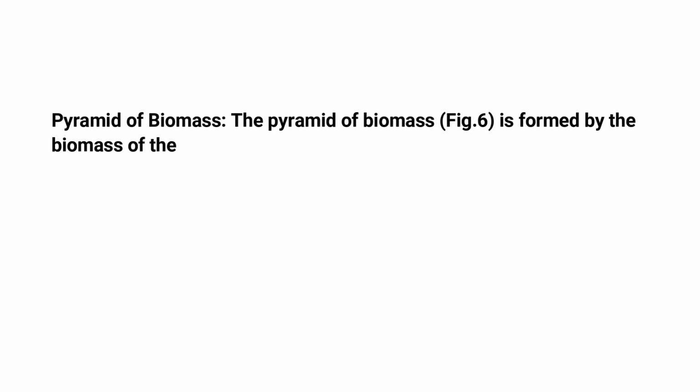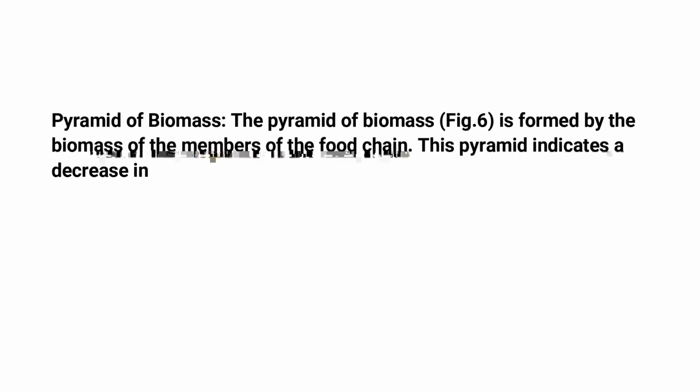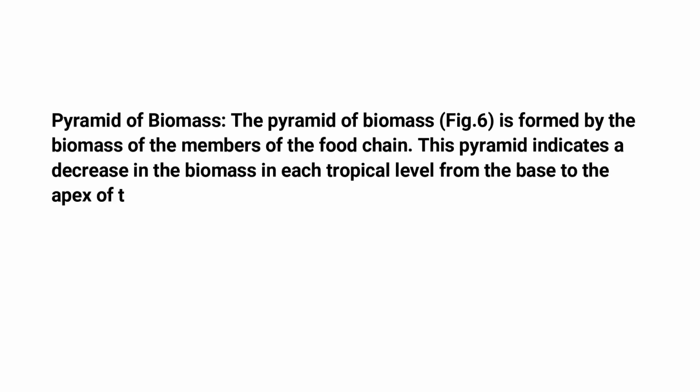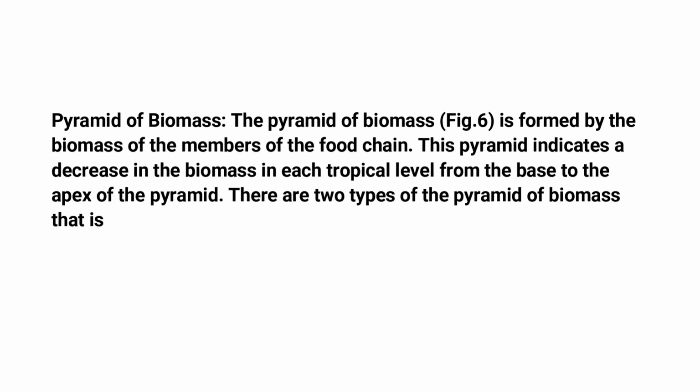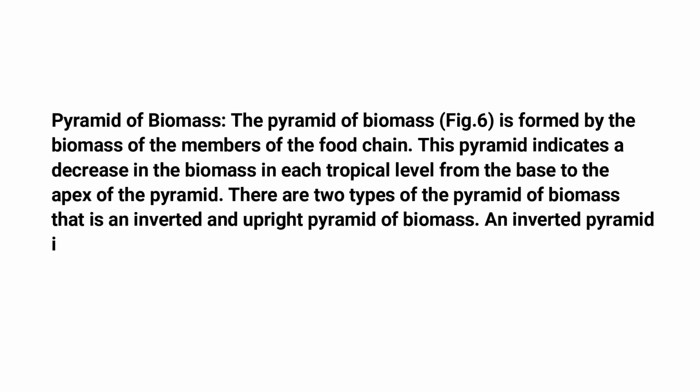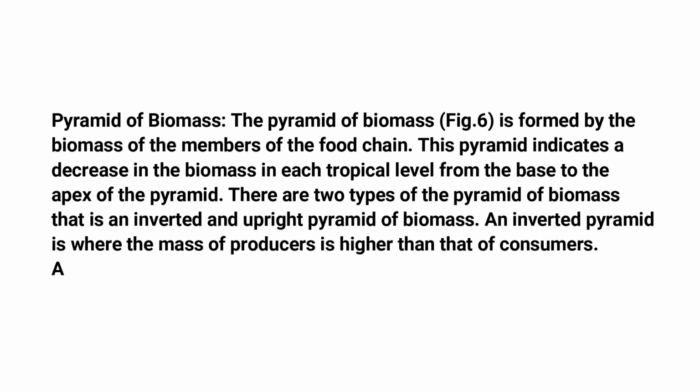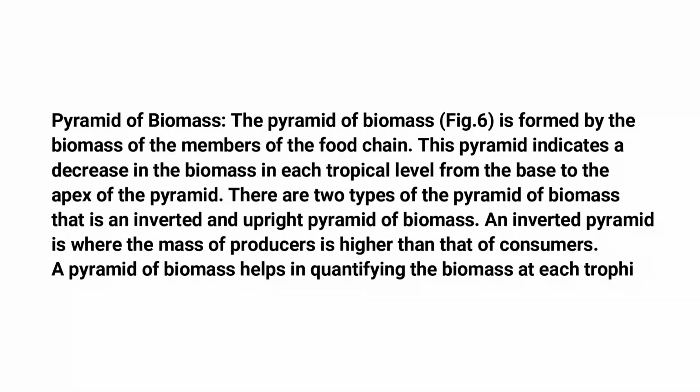Now we move to biomass, pyramid of biomass. The pyramid of biomass in figure 6 is formed by biomass of the members of the food chain. This pyramid indicates a decrease in the biomass in each trophic level from the base to the apex of the pyramid.